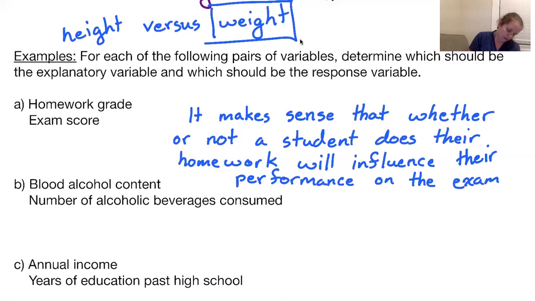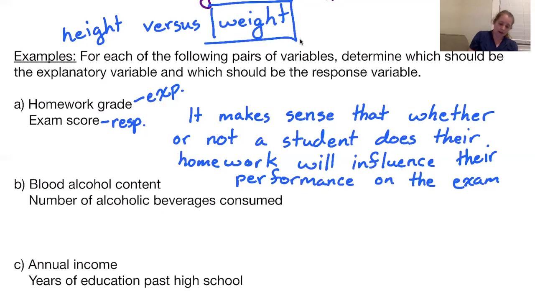So this would be our explanatory. So homework grade would be our explanatory. I'm just gonna write EXP for explanatory. And exam score would be our response. You can also think of it, in this case, as sort of a sequential order of events. Your homework usually comes before the exam, so it makes more sense that your homework would influence the exam than the other way around.